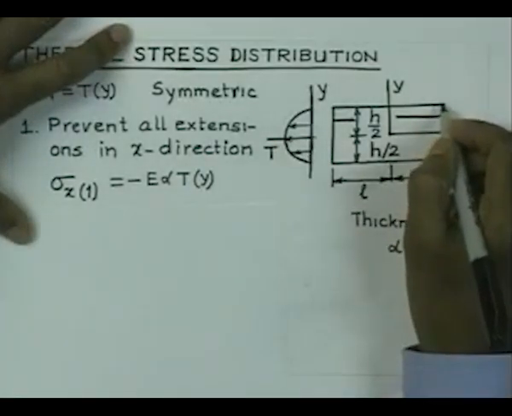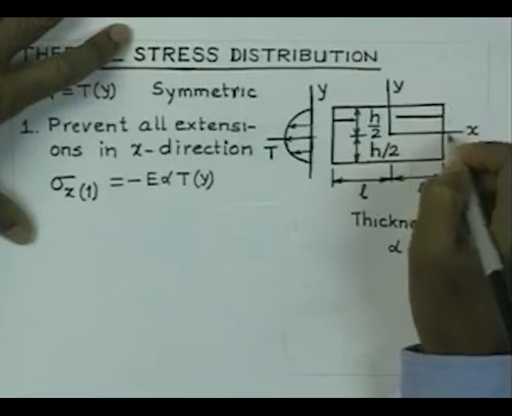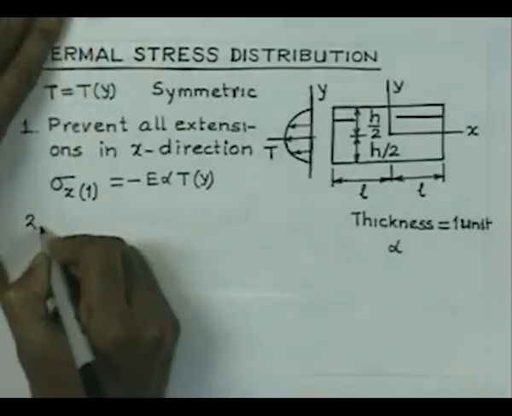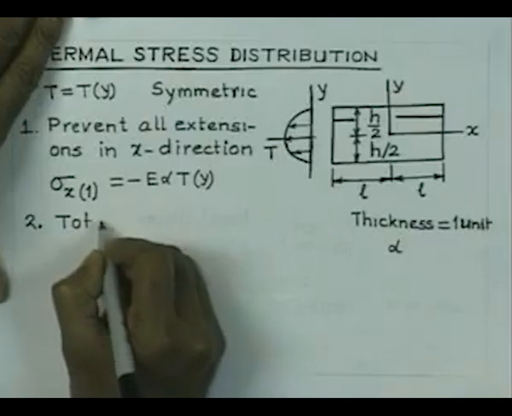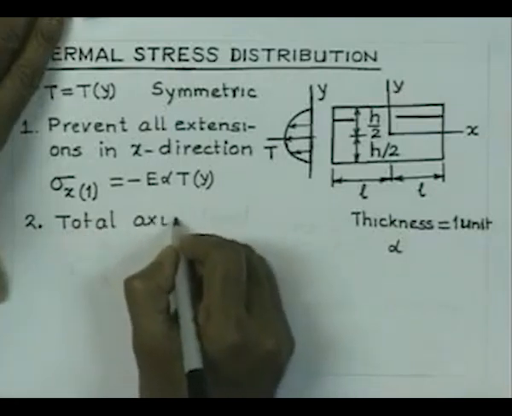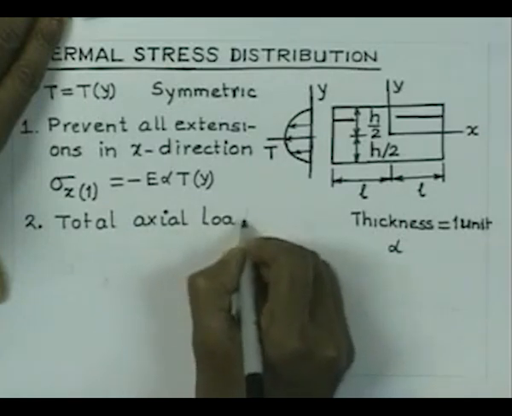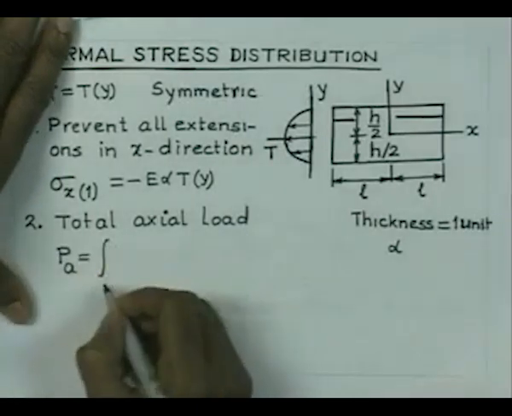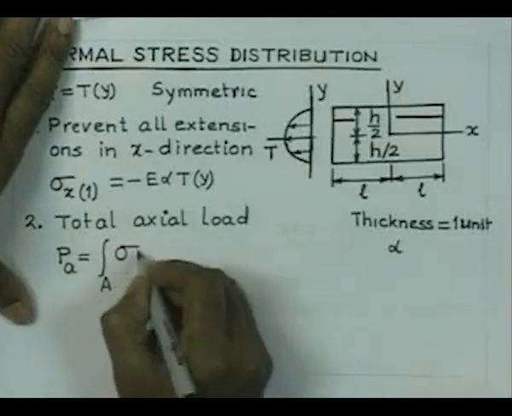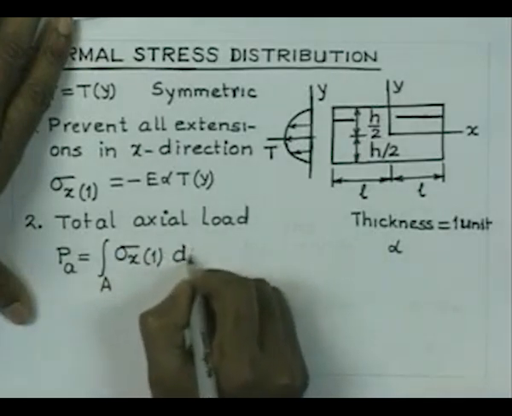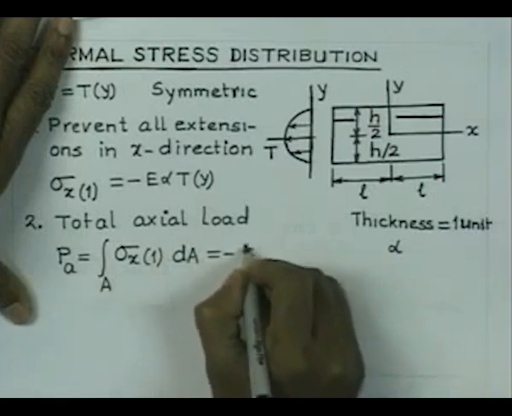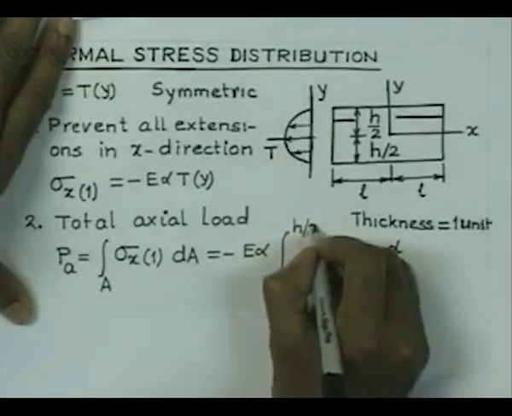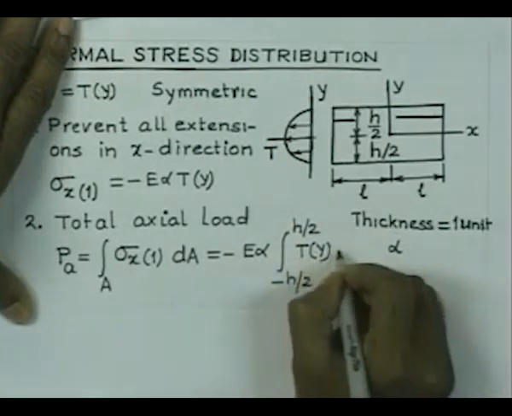So, therefore, you have now got a situation that there are going to be some axial forces coming up because of these stresses acting at the ends, and if we calculate the total axial load arising out of this sigma x1, the total axial load would be, let us say, PA, and it is the integration of the product sigma x1 dA, and this is nothing but minus E alpha times the integral from minus h by 2 to plus h by 2 of T(y) dy into 1.